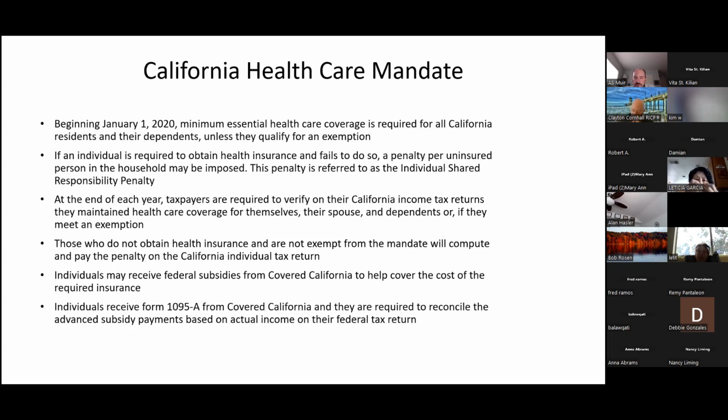Because you do not want to receive too much of a subsidy. Sometimes you're going to get too little of a subsidy, and then you're going to get an additional amount back, which we're going to talk about. Or if you receive too much of a subsidy, then you've got to pay it back. That's a scary proposition for moderate and low income taxpayers.